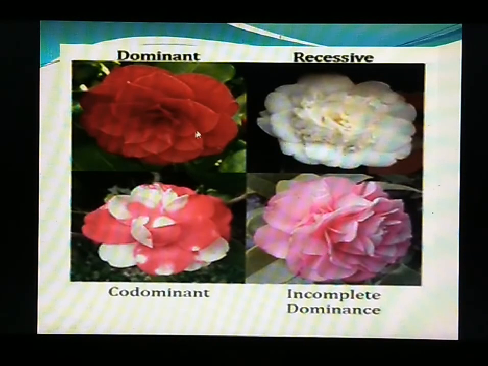Whereas if we take the same example for codominance, we can see both the colors observed in these plants, wherein they resemble both the parents. So we can say that codominance, in any individual, is resembling both the parents.